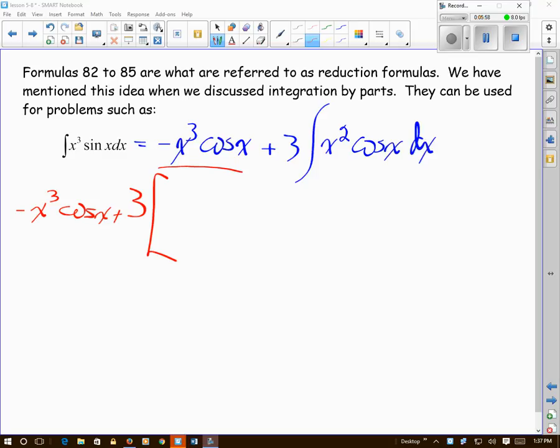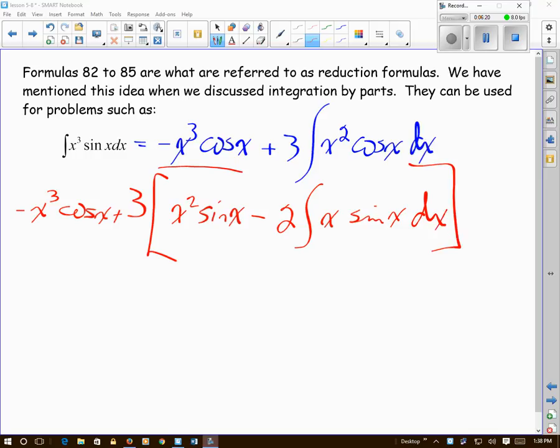So x squared sine of x, this is according to formula number 85, right? Minus x. Yeah, we're kind of hoping that.